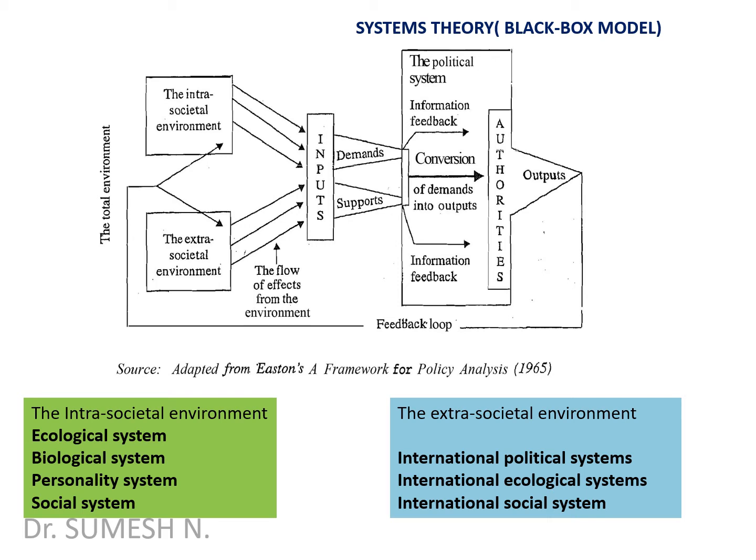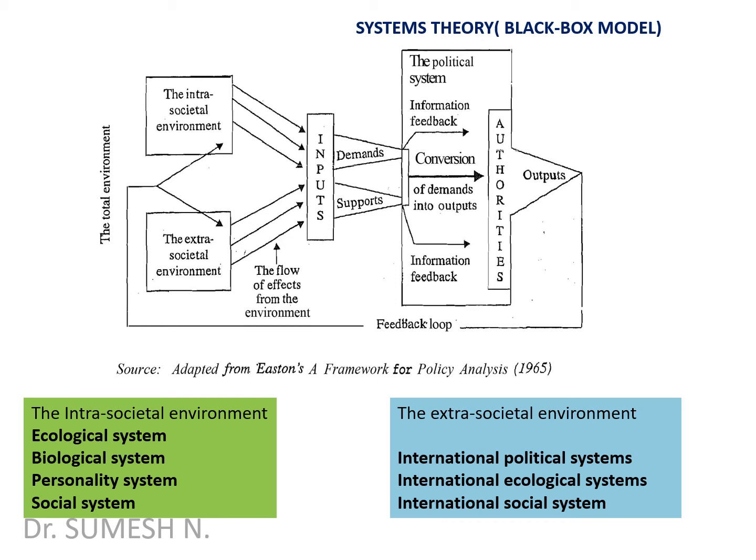So that kind of individual system, the personality system, is there, and then a social system, where a group of citizens, a group of individuals, interact with each other and comprise a social system.